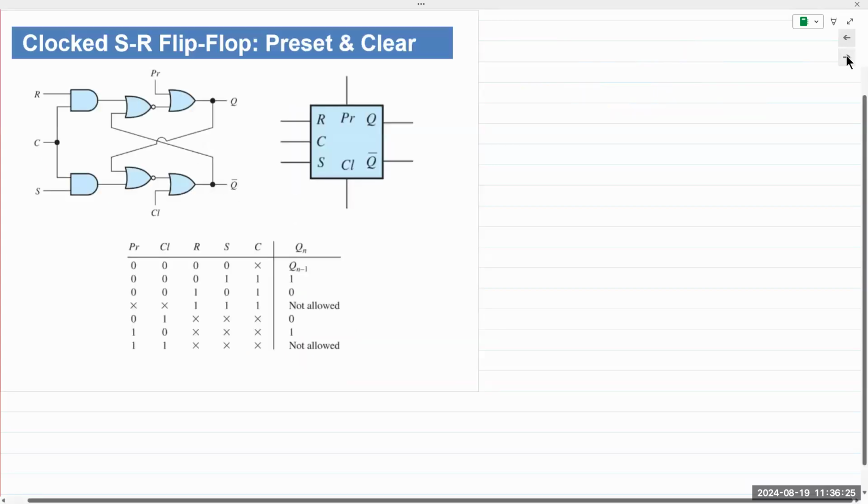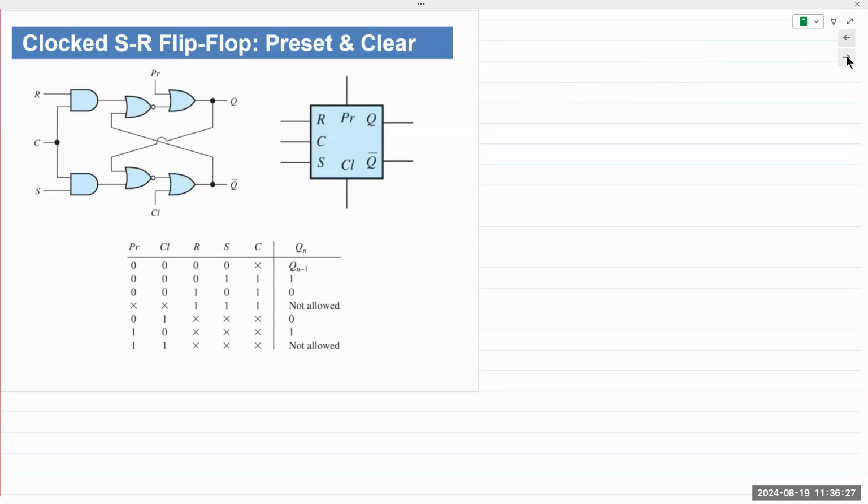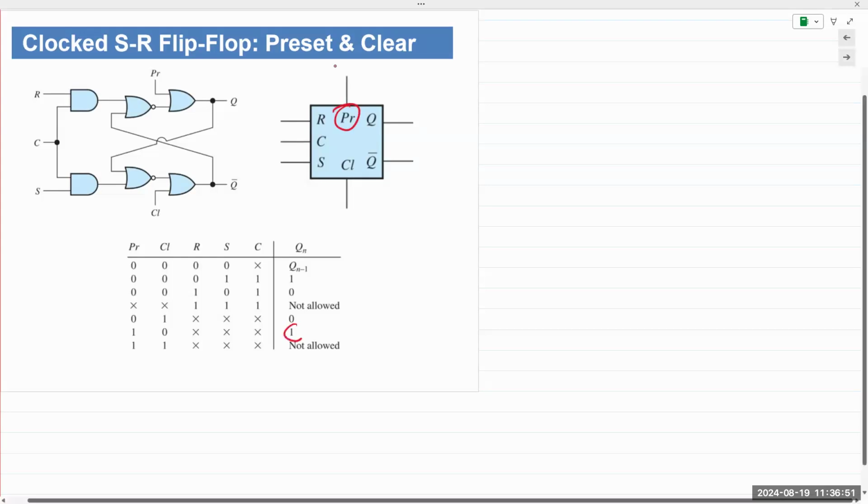A clocked flip-flop with a preset and clear. Sometimes we want the output to remain at a particular level. Preset means we are setting the output to set. And clear means we are clearing out all the outputs, setting it to 0. So a preset simply means output goes to 1.